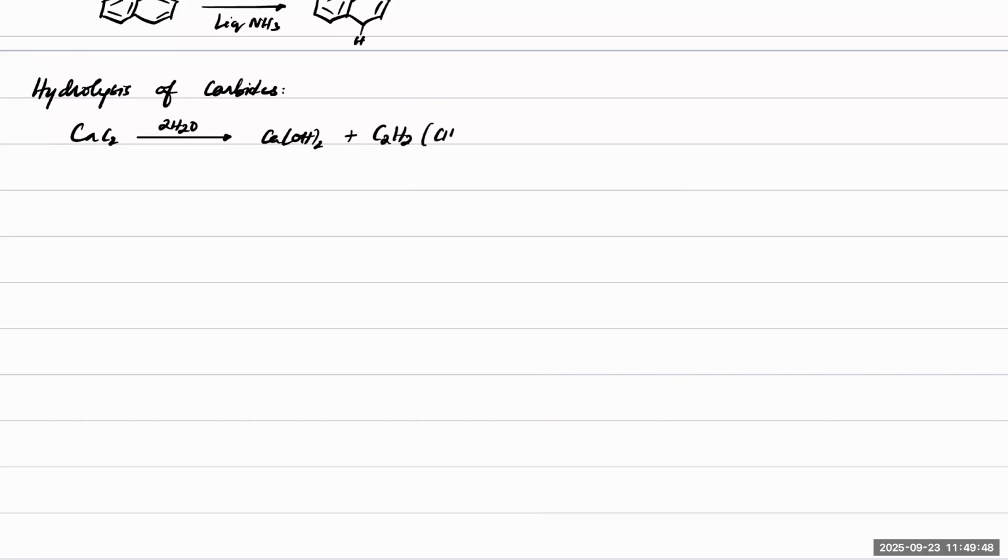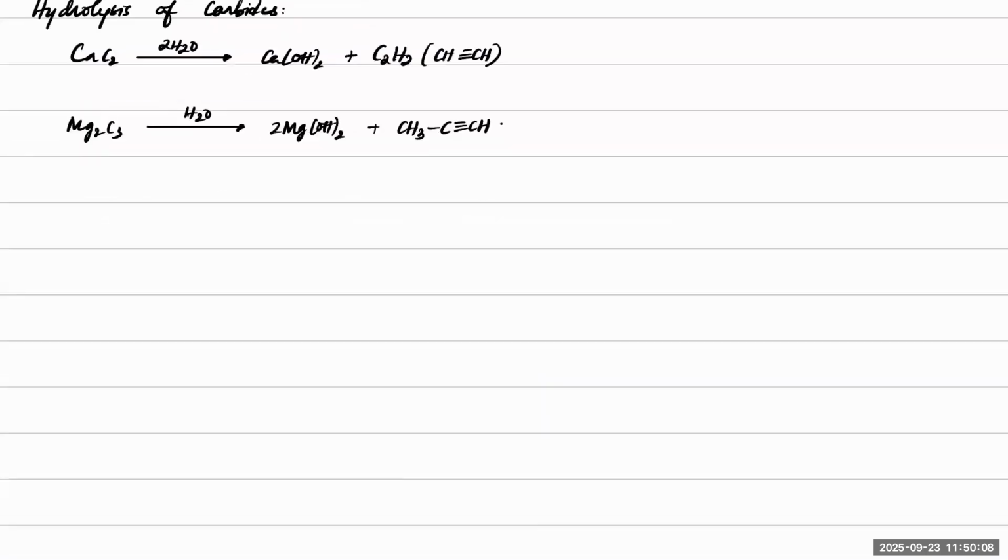C2H2 basically is acetylene. This is the product that is formed. Mg2C3 on the other hand, if this undergoes hydrolysis, here we'll get 2 moles of magnesium hydroxide, plus you will get CH3 C triple bond CH. Okay, this is the major product.